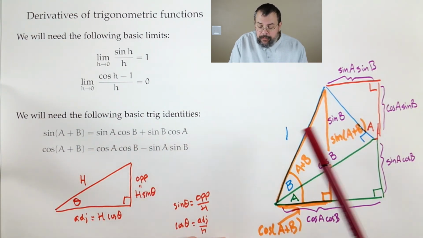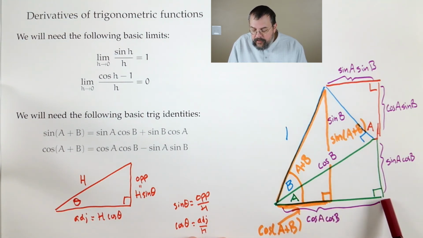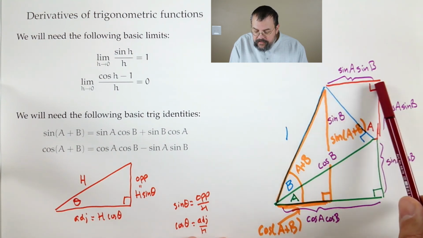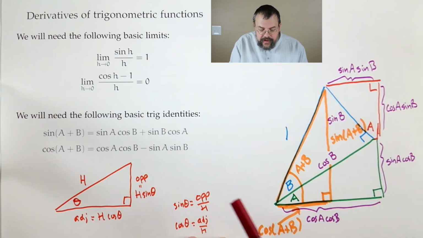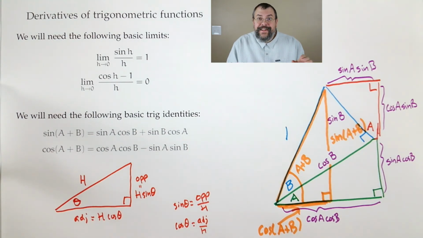That's exactly what we said. Now, where's cosine of a plus b? It's this length downstairs. How do you find it? Take this longer length, cosine a cosine b, and subtract off this shorter length, sine a sine b. And it works. It's beautiful.